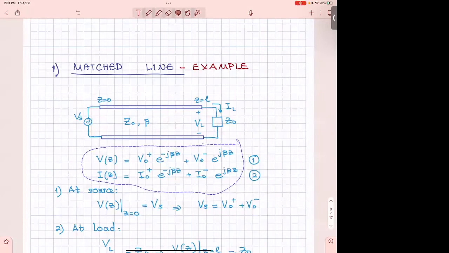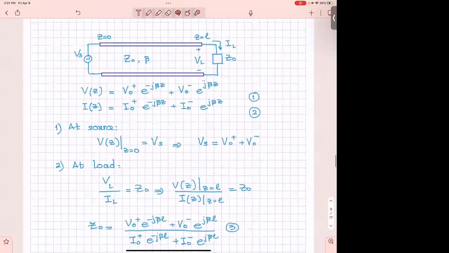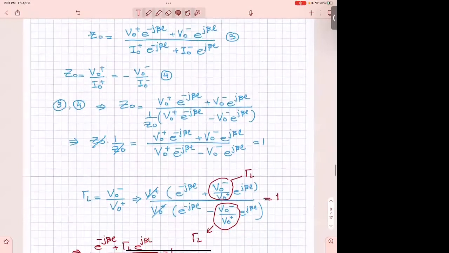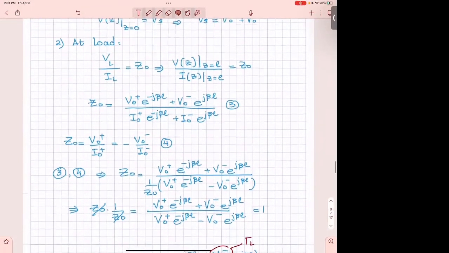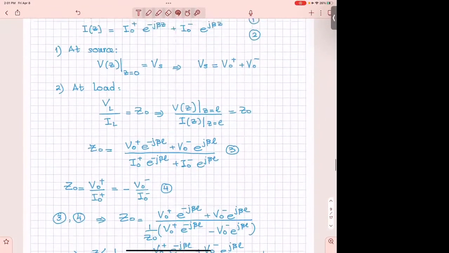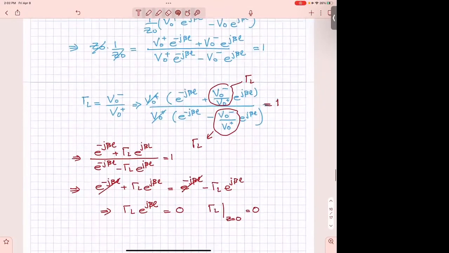And because of how we define the reflection coefficient, the reflection coefficient then becomes 0.